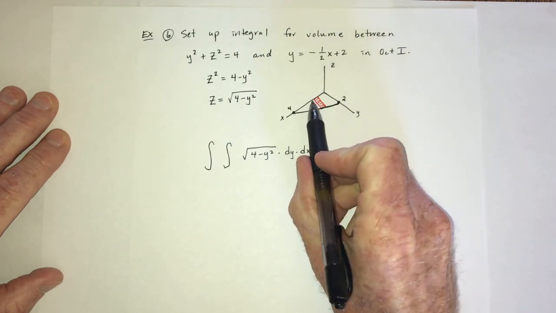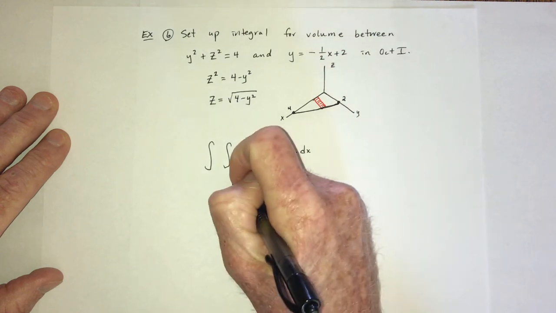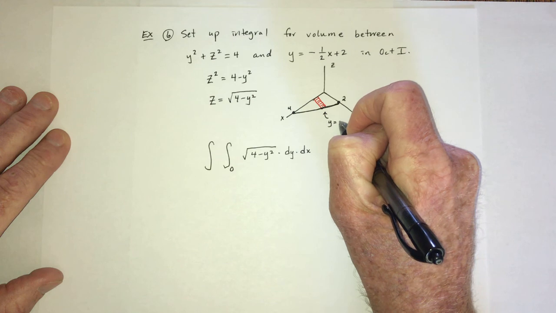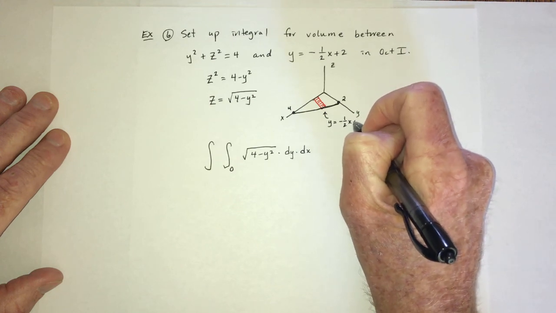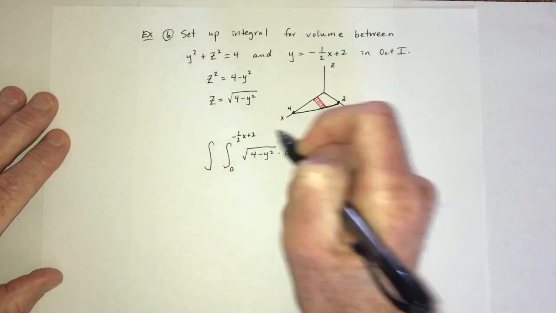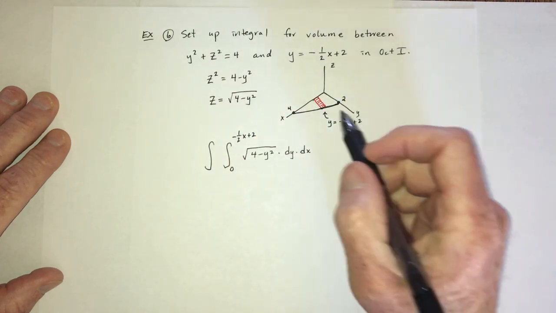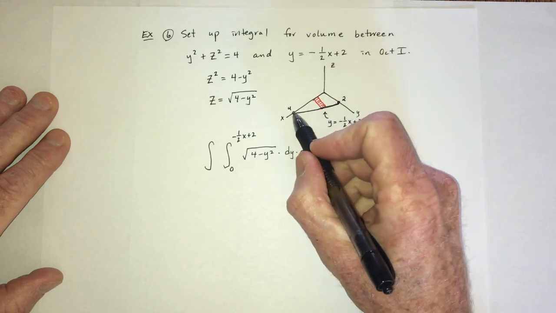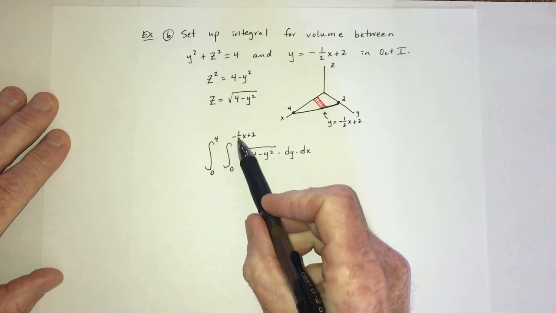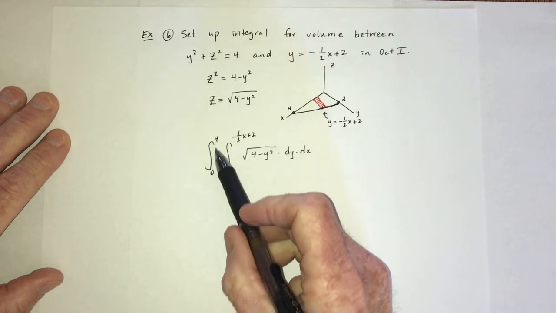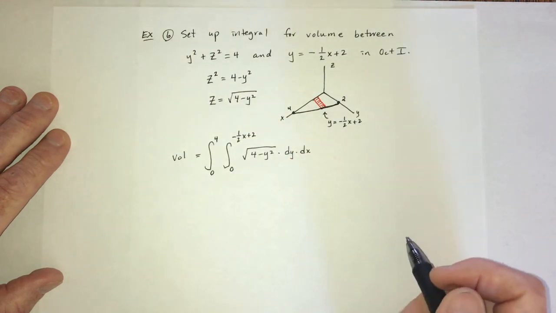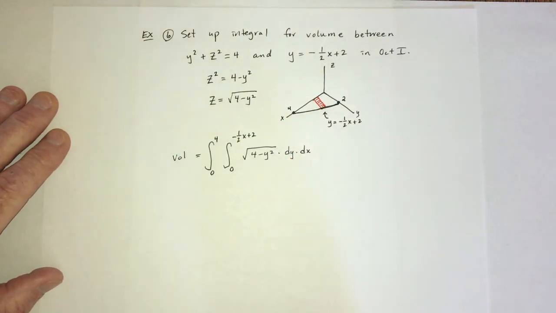And then y is going from right here, y is 0, to right here, y is equal to negative 1/2 x plus 2. So that's going to be the upper limit of integration. And then x is going to go from 0 to 4. So remember, in here, these are going to be functions, and these are going to be numbers. And then that will give you the volume. And since it said set up the integral only, then we're finished.